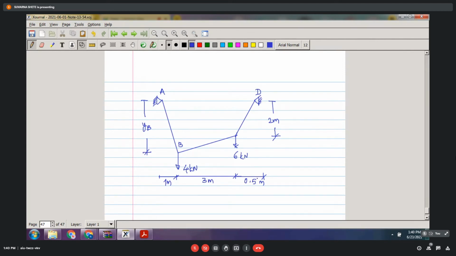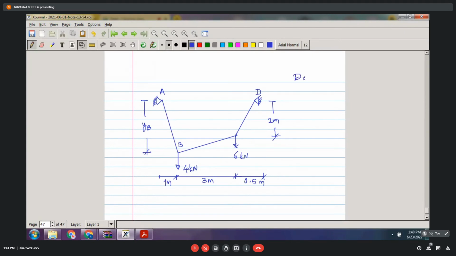Can I dictate? You need not rewrite the given data. I will just read the word problem. It is cable ABCD, which supports 4 kilonewton and 6 kilonewton loads at points B and C as shown in the figure.